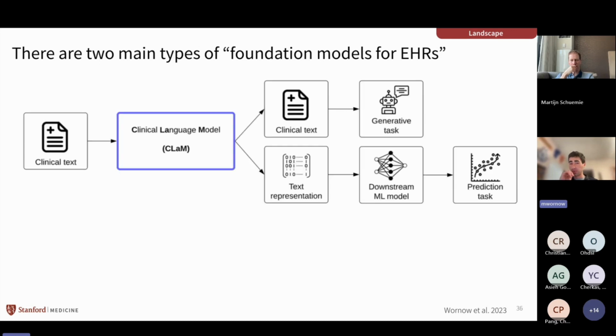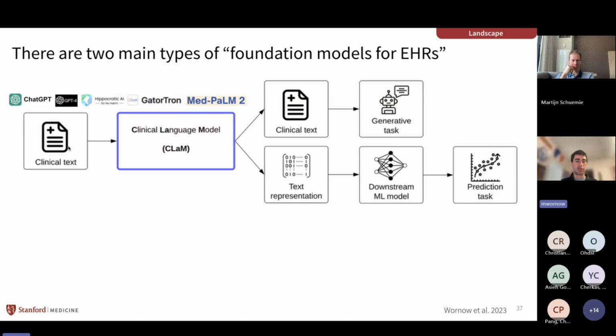So basically, we identified two types of these foundation models in the EHR space. The first is what I mentioned before, clinical language models, which are large language models trained on or deployed for clinical text, and we called these CLAMs. These are things like GPT-4, or MedPalm from Google, or Gatortron from University of Florida, and there are now startups like Hippocratic AI doing clinical-specific language models.